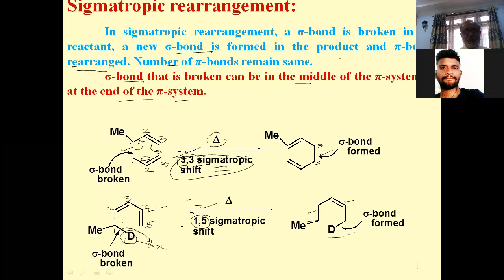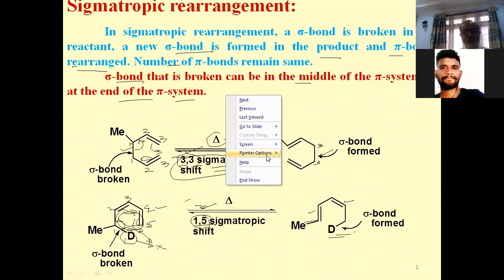So the shift becomes a 1,5 sigmatropic shift. And this hydrogen, here you see a cyclic transition state is involved, and in the process this is migrating. Now here, one thing you see, suppose I have deuterium here.